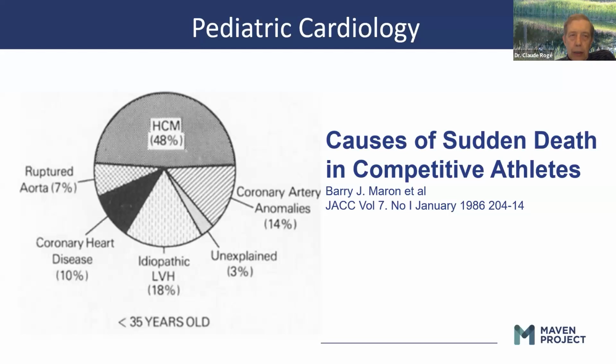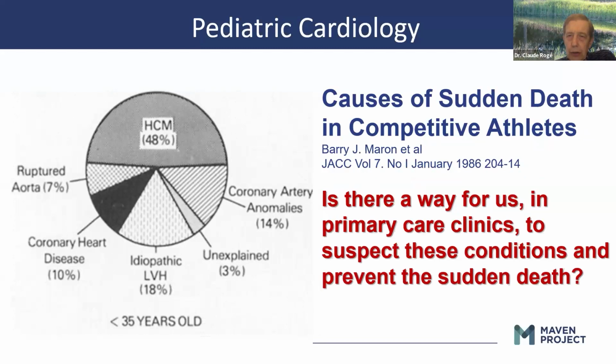And ruptured aorta, we talked about it also. That's in the context of Marfan syndrome, most of the time, and that's the third most common cause. So what we are going to talk about are those three primary causes: hypertrophic cardiomyopathy, coronary artery anomalies, and ruptured aorta.